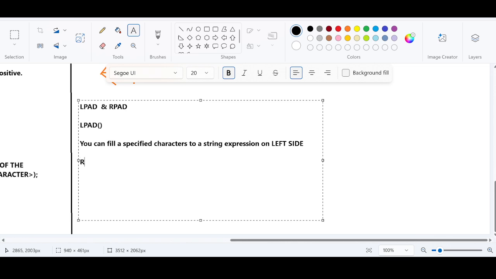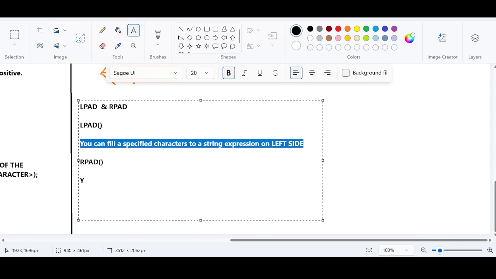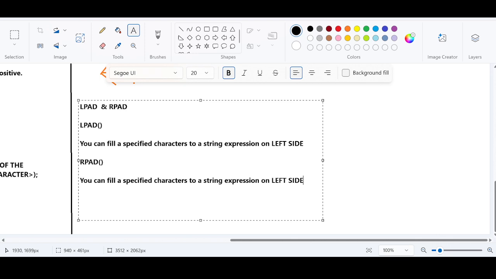Okay, what is RPAD? You can fill a specified character to a given string on the right side.